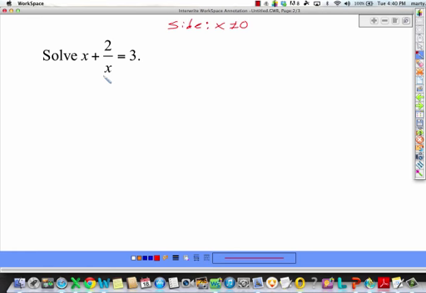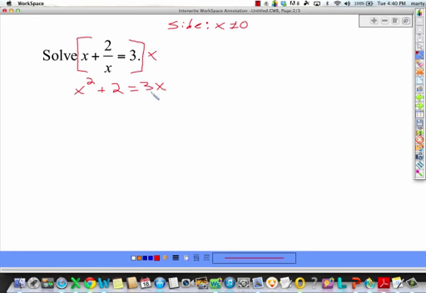If I was solving this problem, the first thing I would do to get rid of everything in the denominator is multiply both sides of the equation by x. If I multiply everything by x, I'll end up with x squared plus 2 equals 3x. So I basically am multiplying the left side and the right side. X times x is x squared. Multiplying here, the x's go away, and that ends up being 3x.